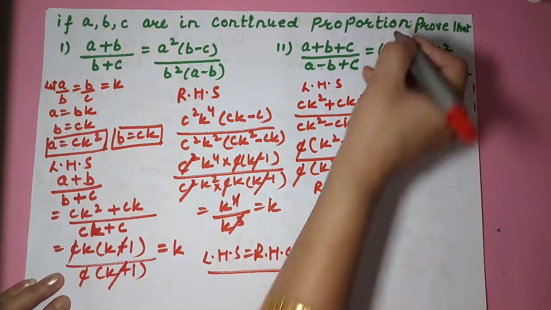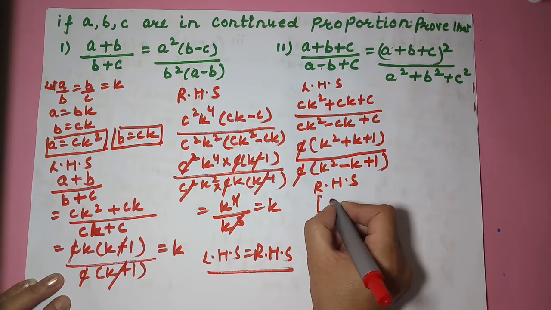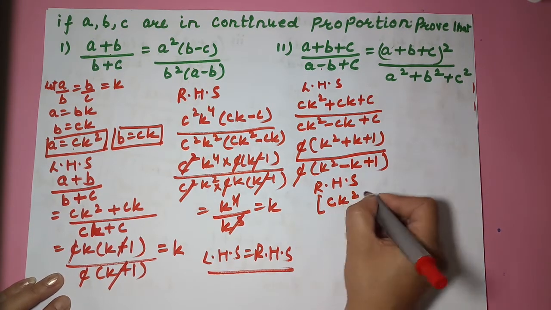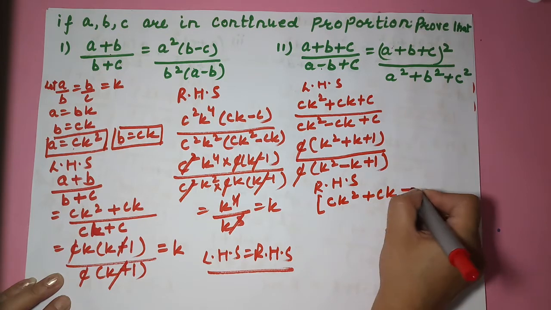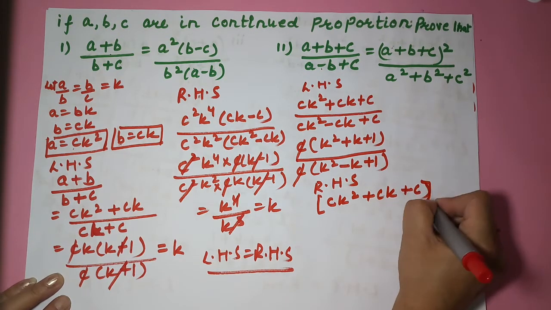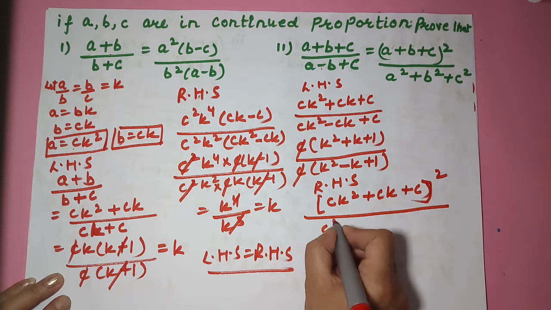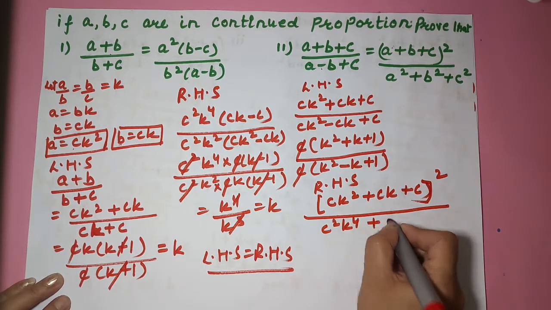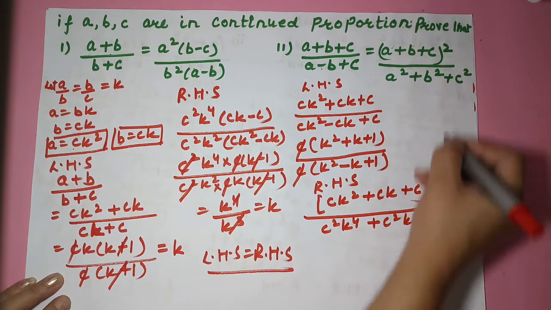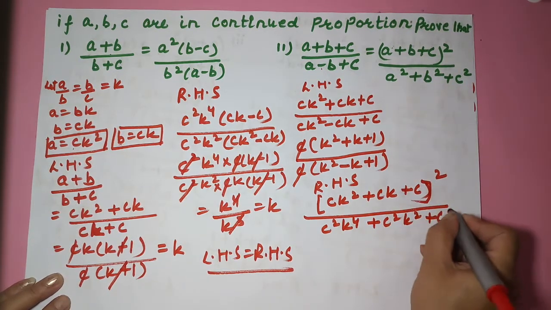Let me see what I will get in the right hand side part. So my right hand side part is a. a is ck square plus b is ck plus c. This is inside the square, and here I have a square, which is c square k^4, plus b square is c square k square, and plus c square is as it is.